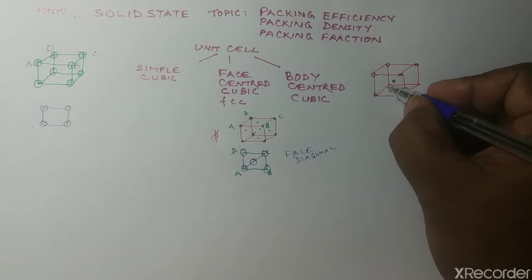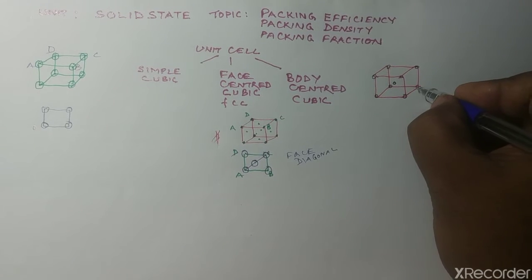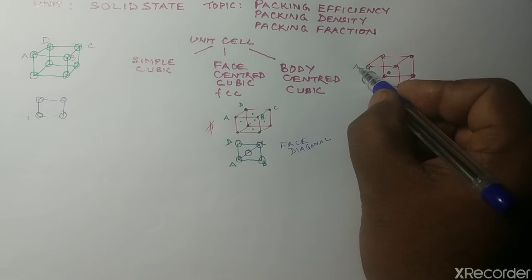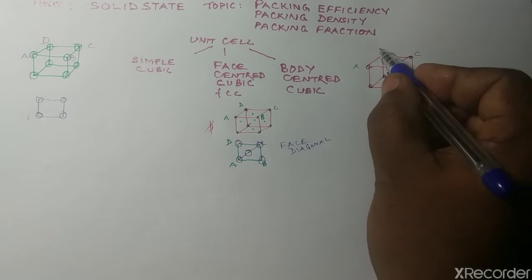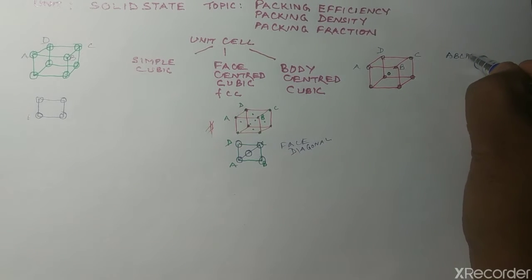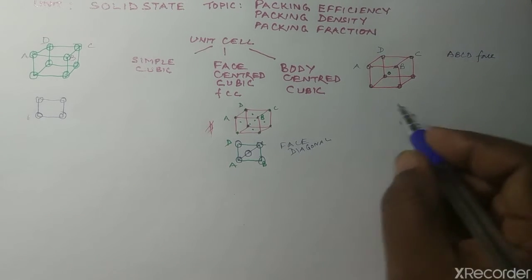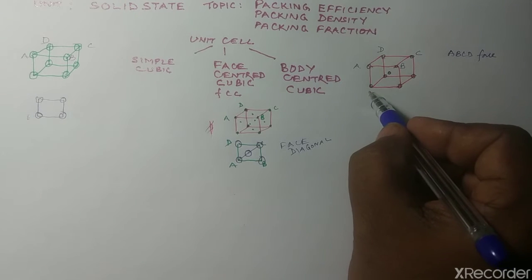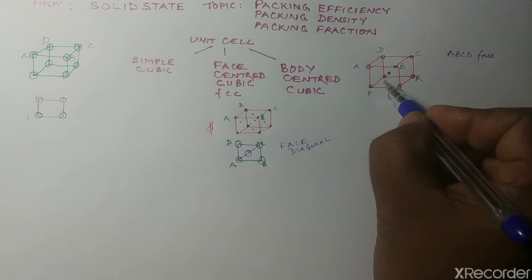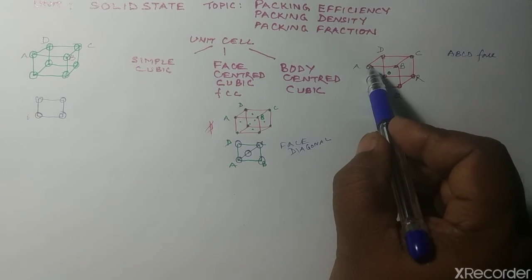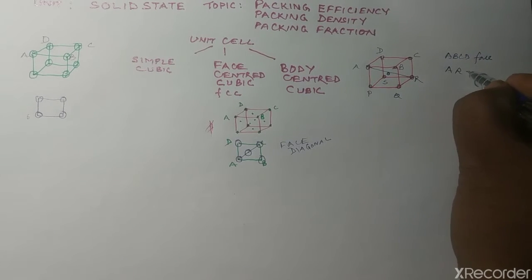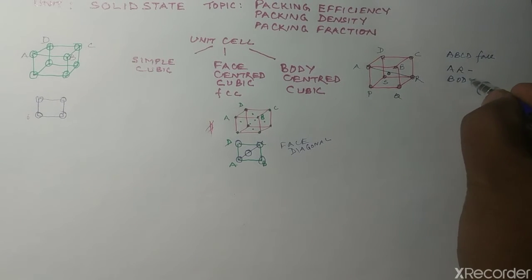The room in which we are sitting is cubical in shape. Let us take a face A, B, C, D, and in the base P, Q, R and S. If we connect AR, so AR is a body diagonal.